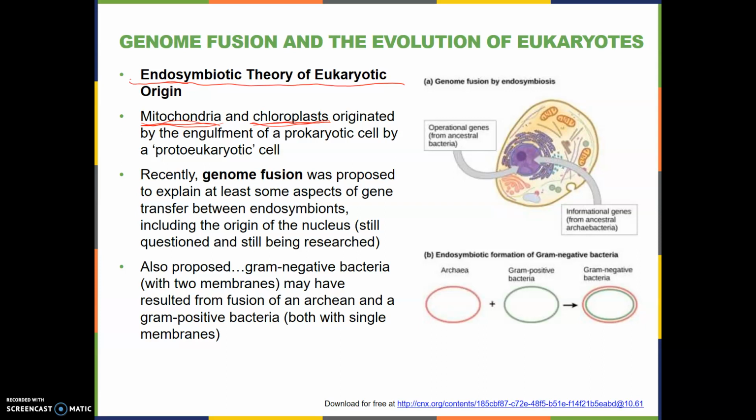So it is very possible that a precursor to today's eukaryotic cells engulfed bacteria that lived symbiotically with them and then evolved over time into just cell organelles.